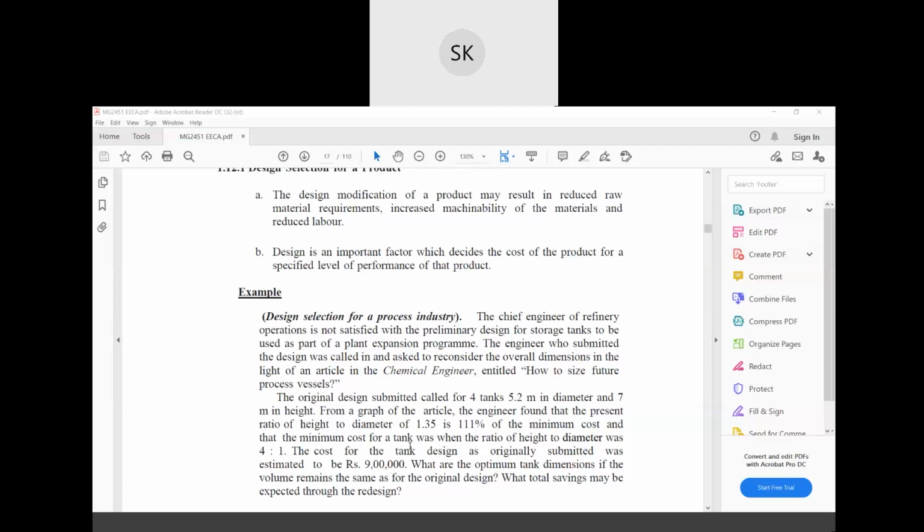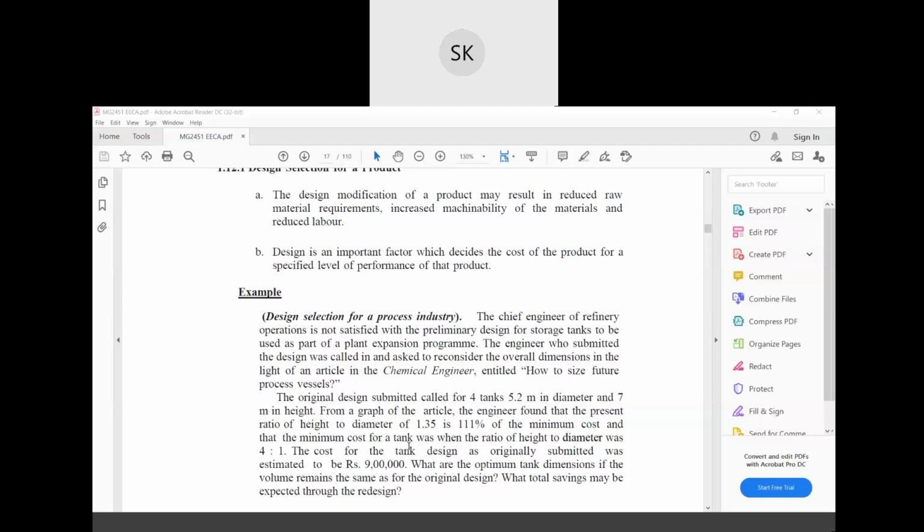From the graph of the article, the engineer found that the present ratio of height to diameter of 1.35 is 111% of the minimum cost, and that the minimum cost for a tank was when the ratio was different. Basically, they have found the height by diameter ratio, and they came to notice that if you reduce the height, or if you reduce the diameter, it can cost you less.